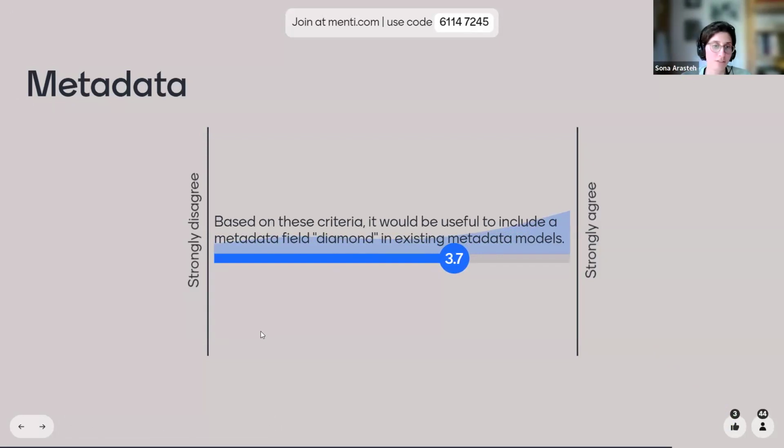It looks quite agreeable, though. Yes, it seems that a good amount of people do agree. Okay, so it will be interesting to see why people disagree. Again, I will give you a few seconds to make up your minds and put in your vote.